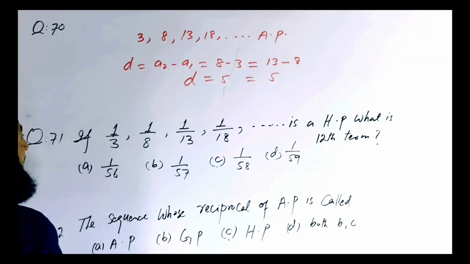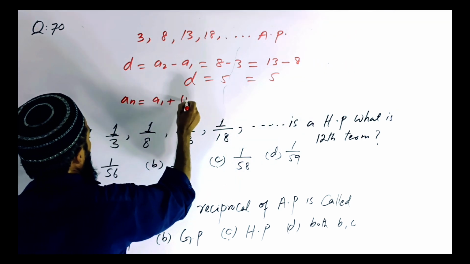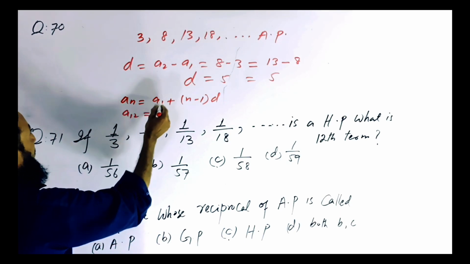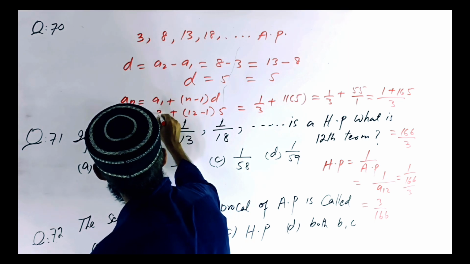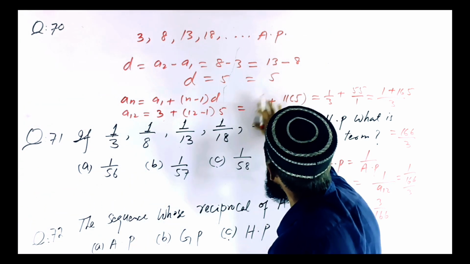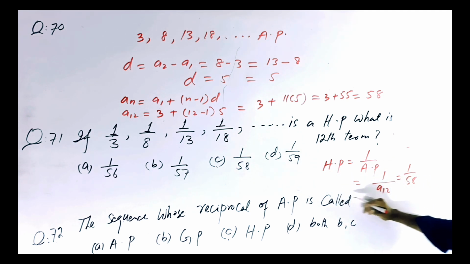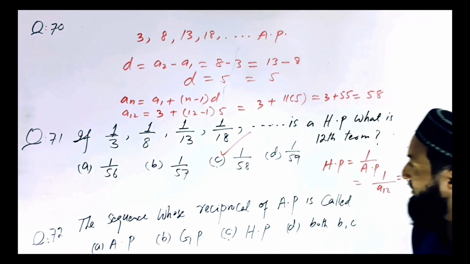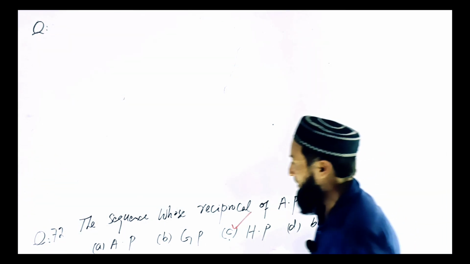First of all we find an is equal to a1 plus (n minus 1) d. We put a12 equal to a1, which is 3. Sorry, there is a mistake here. The third term is 158, the other term we ignore. So the correct answer is C, the progression.